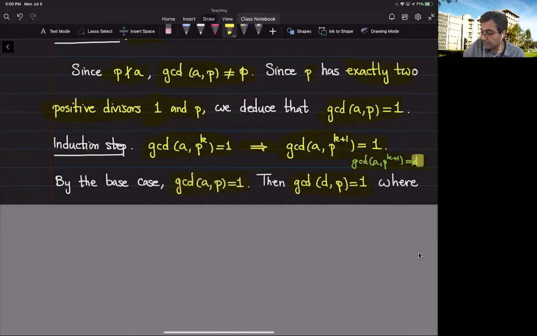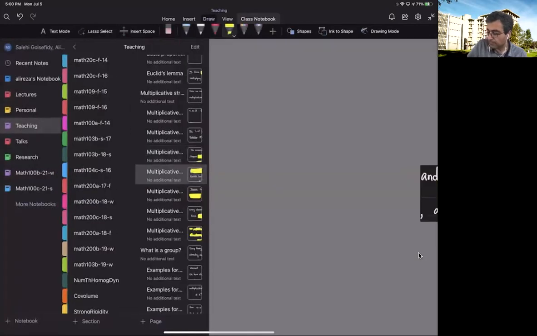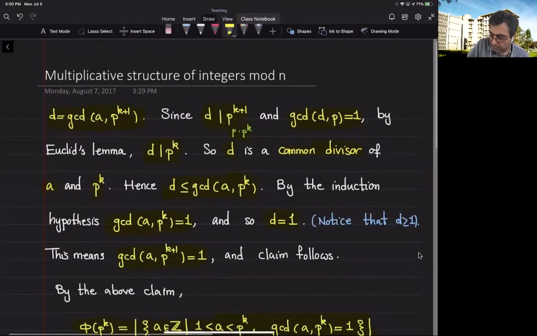Now D is a divisor of a, therefore GCD of D and p is 1, because if they had something in common, then that would have been a common divisor of a and p as well. So GCD of D and p is 1, but D divides p to the k plus 1. So D divides, because it's a greatest common divisor of these two numbers, it is a divisor of p to power k plus 1, and D and p are co-prime.